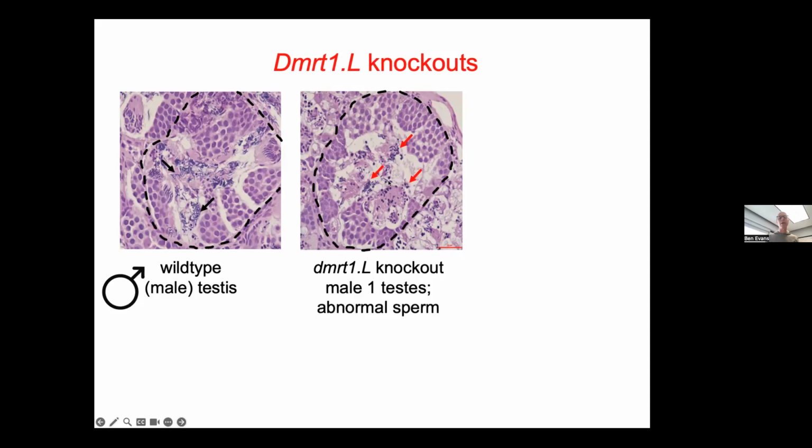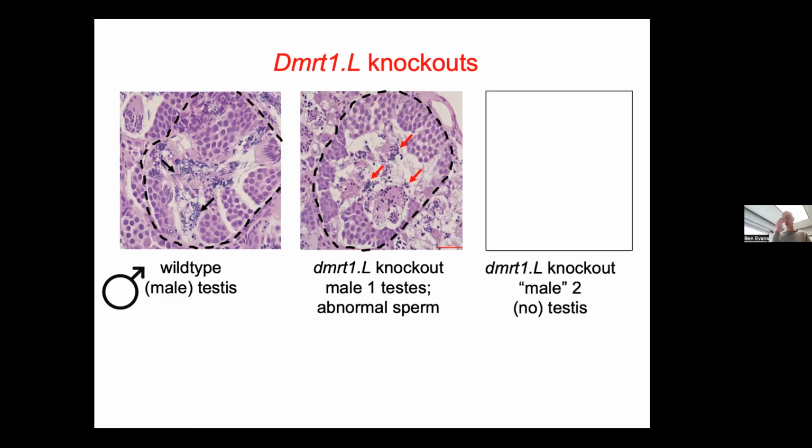You see dots here rather than the sickle-shaped sperm. These individuals don't produce normal sperm, as we've seen with a microscope, and they also appear to be sterile. We haven't been able to produce offspring even with in vitro fertilization. So that was one of the types of individuals we saw.